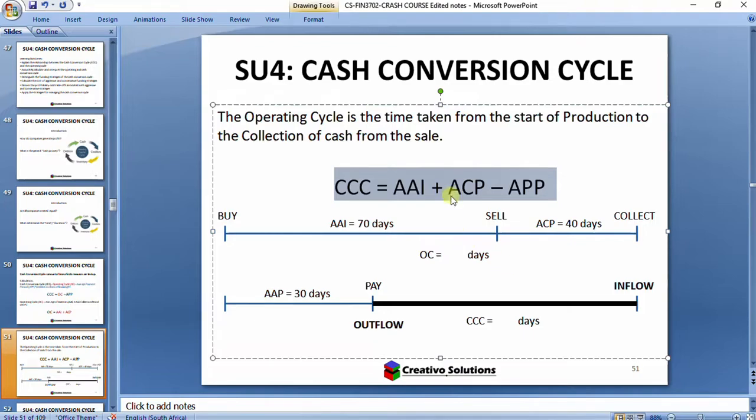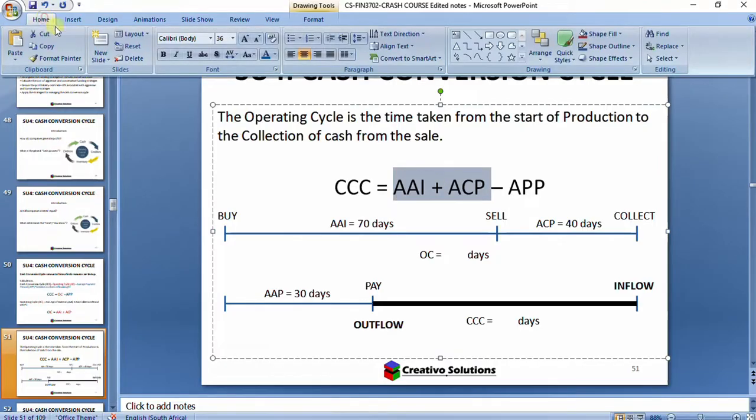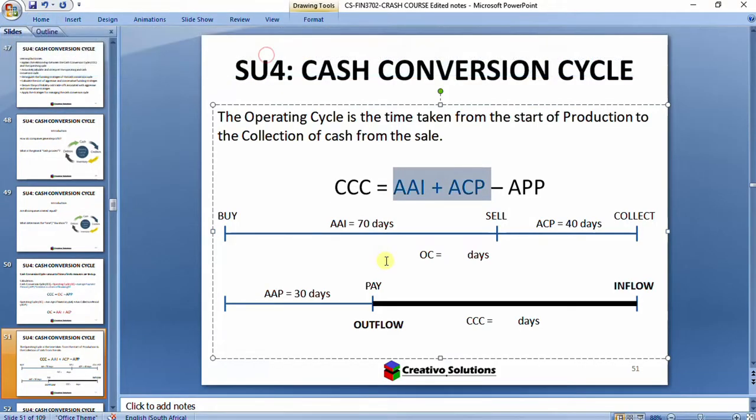Obviously, if the exam is very specific and they say calculate OC, in other words, operating cycle, then I'm only going to be looking at that. The diagram here is just to show you what measures we're going to be looking at in terms of your timing. So AAI is looking at the time that it takes you to sell goods.